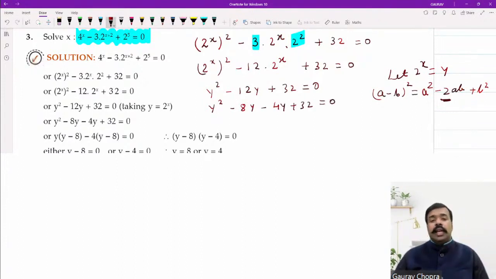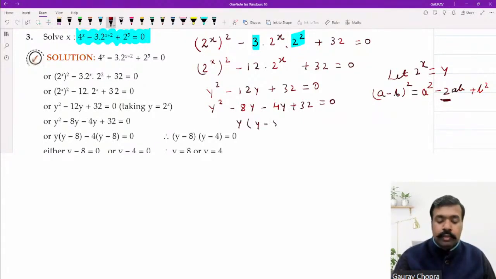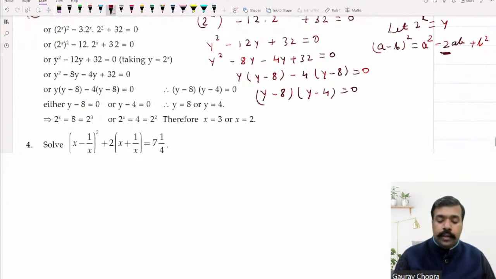We can split with the help of the factor method as well. So let us take y as common. It will become y minus 8. Again, minus 4 can be taken as common. So what are the factors? We are getting the two factors, that is 8 and 4. So the value of y is equal to 8 as well as 4. So these two are the values.